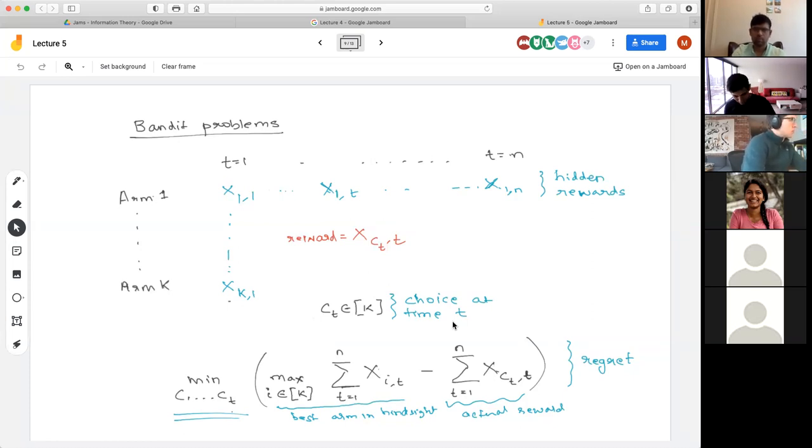Now, there are a few things to clarify about what your choices depend on, whether things are deterministic, who chooses the rewards and how, and so on. And these define very different bandit settings.